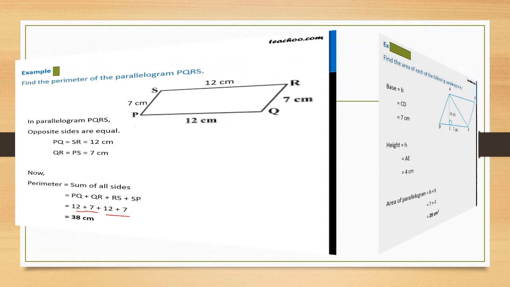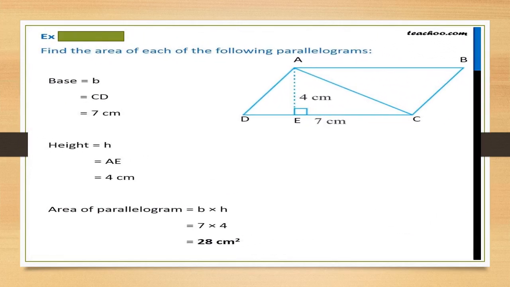Next, I will go with one example sum. Find the area of the parallelogram. What is the formula to find the area of the parallelogram? B into H. B means base. Here what is the base? CD or DC is the base of the parallelogram. Base of the parallelogram is 7 centimeter. This is the height.